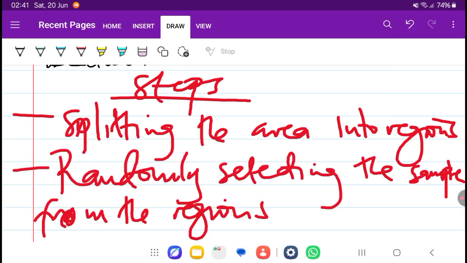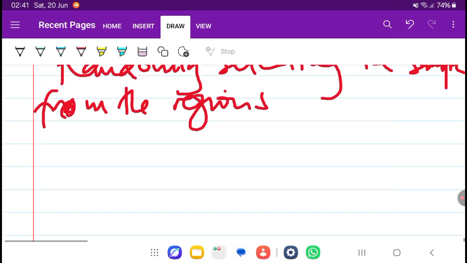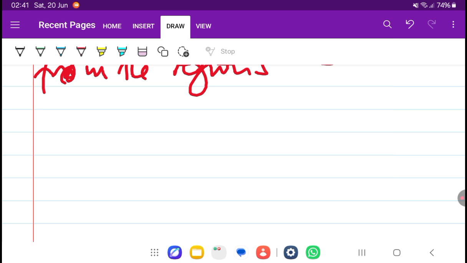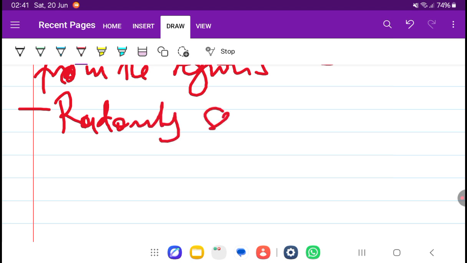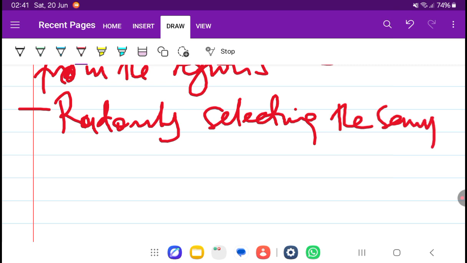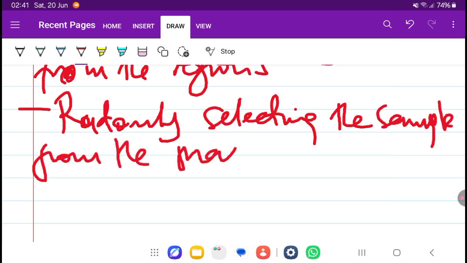And that's why we are saying that this is applicable when the population is too big. So when you have selected the samples, then you go ahead to randomly select the samples from the major towns.